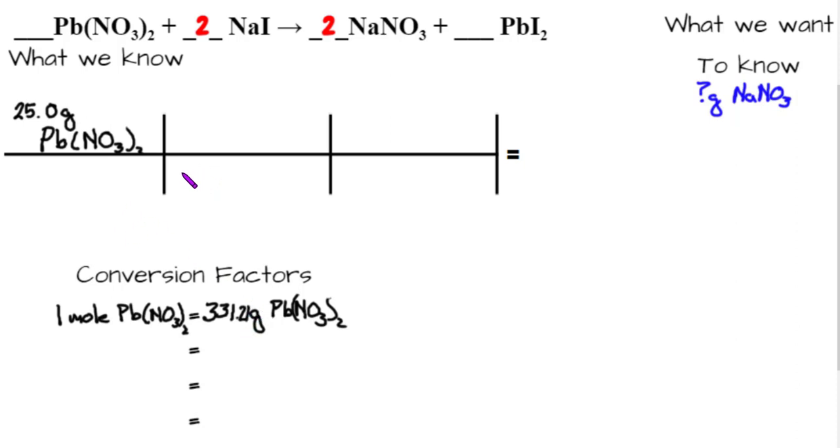So now I can go 331.21 grams of PbNO3 for every 1 mole of PbNO3.